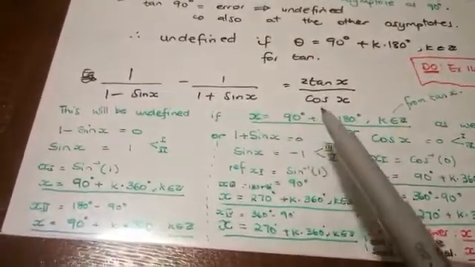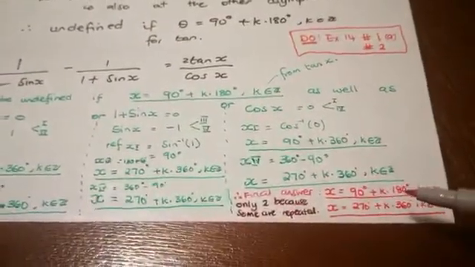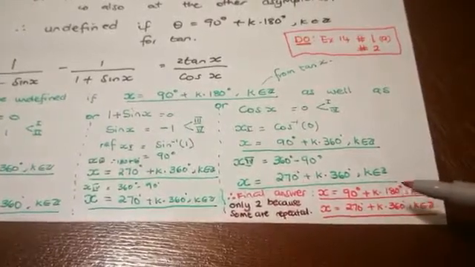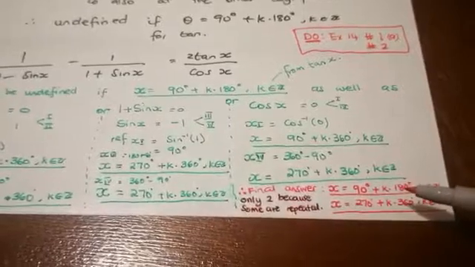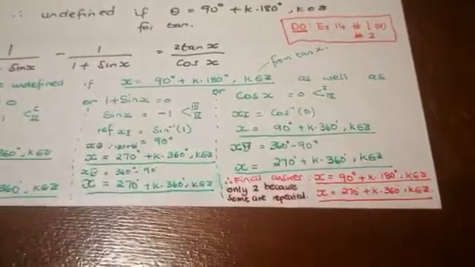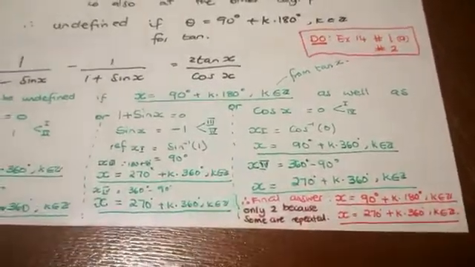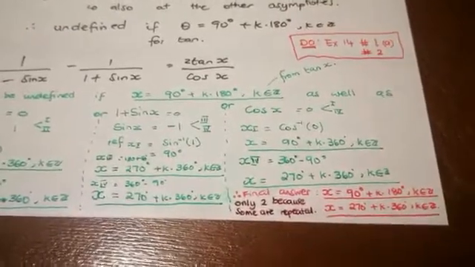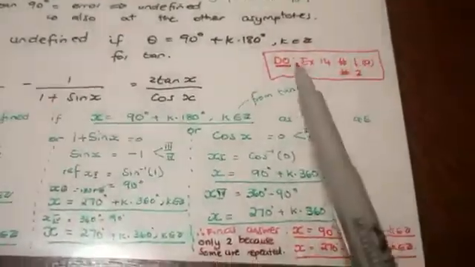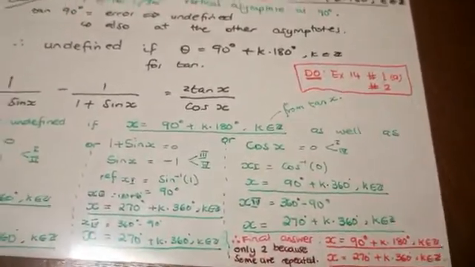So this solution and this solution are the same thing, so I'm going to write it once. I'll write the one that has 180, because the one that says 360 is taken care of within it. That is why I've only written the two answers. Okay, I hope that is clear. Please do exercise 14, number 1A and number 2.